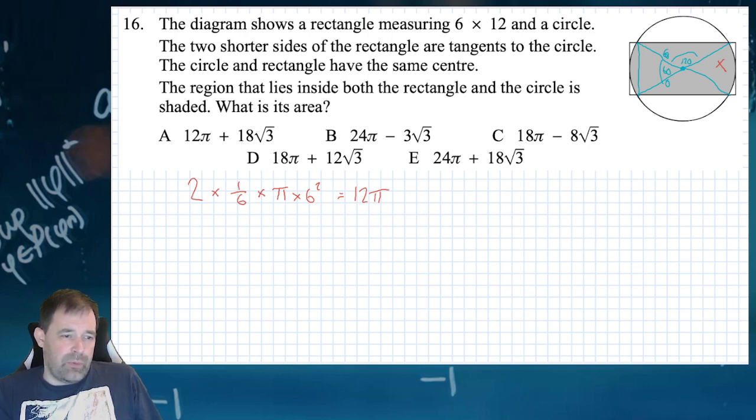And then we're going to separately have, call it y. So y is going to be half, and again there's two of these, half times a times b times sine 120.